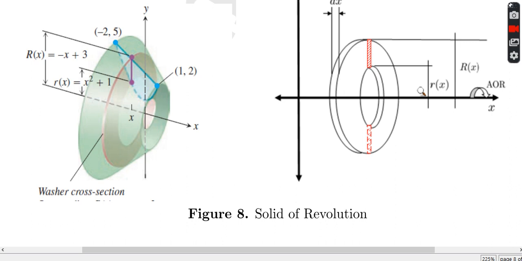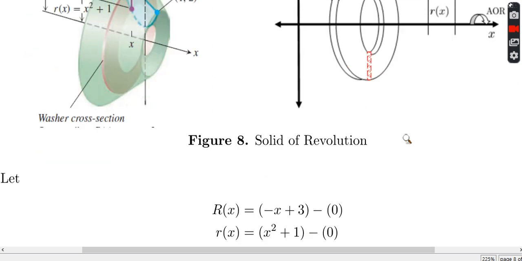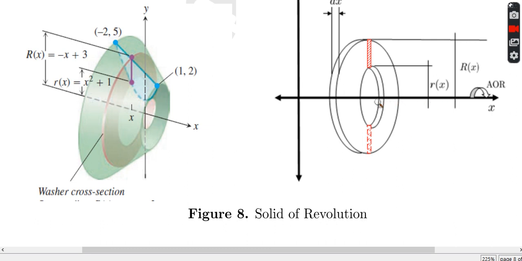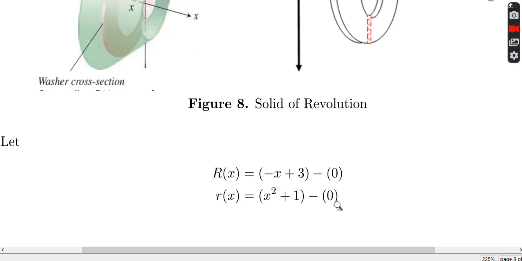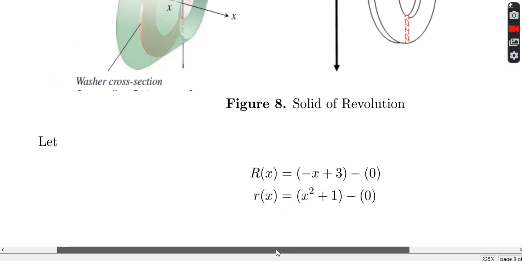Then our inner radius, small r of x, is the lower function of the region, the parabola x squared plus 1, minus the axis of revolution, which is 0. So R of x is negative x plus 3, and the inner radius r of x is x squared plus 1.